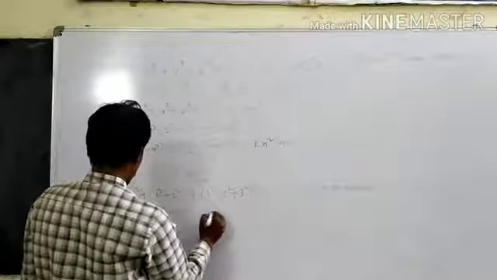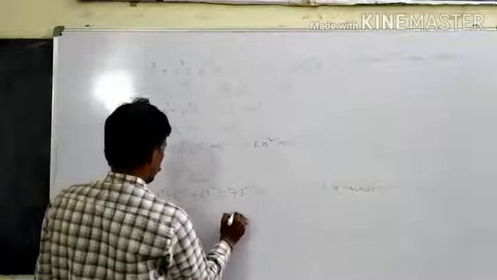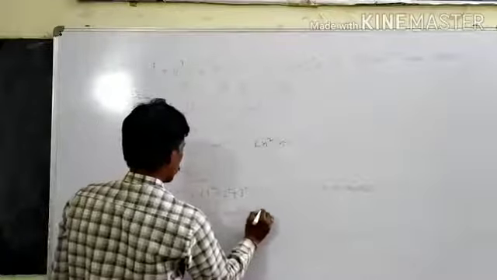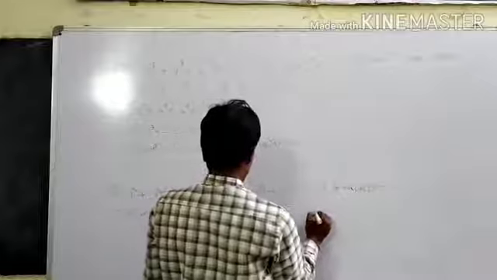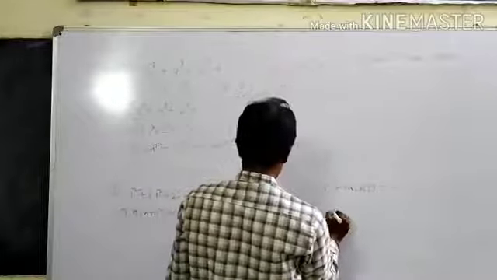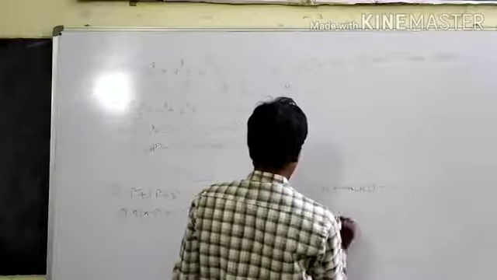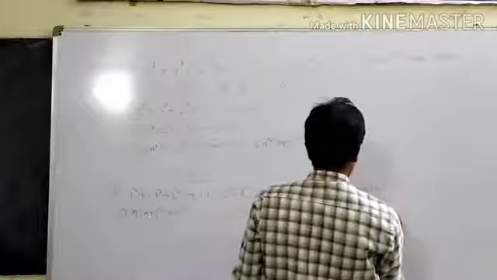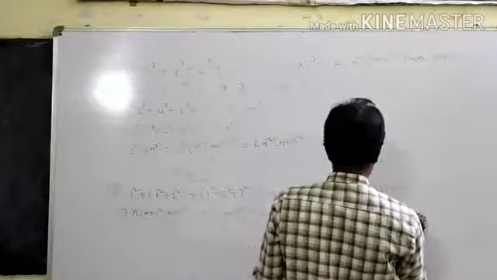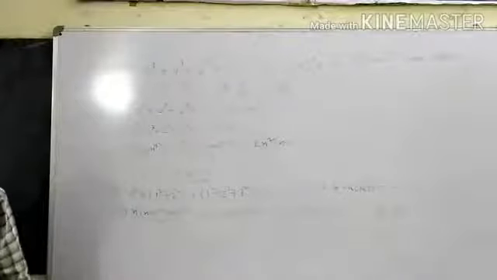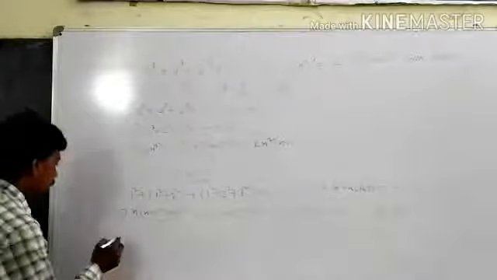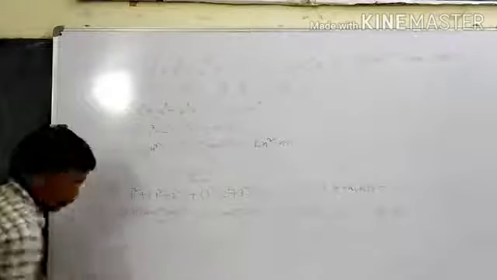Second option: n into n plus 1 whole square into n plus 2 by 12. Third option: n square into n plus 1 into n plus 2 by 12. Fourth option: n plus 1 by 2. So which one is the right answer? Verify the option.